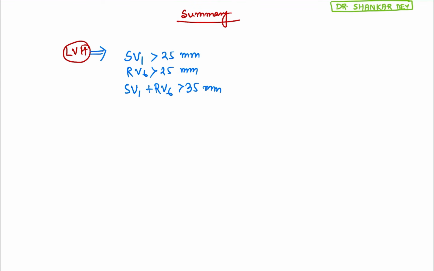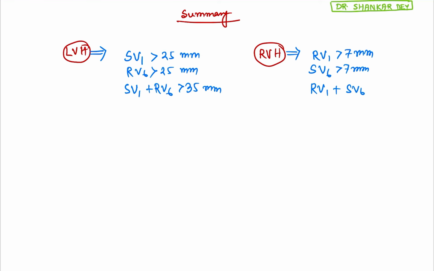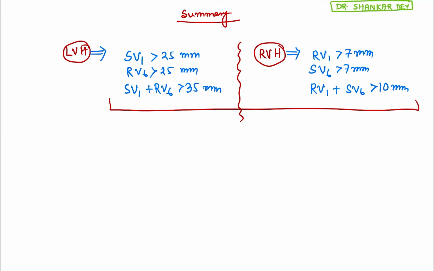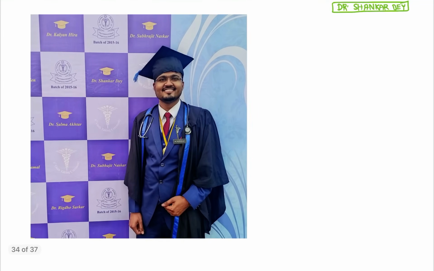What about right ventricular hypertrophy? In case of right ventricular hypertrophy, either RV1 is more than 7 millimeter, or SV6 is more than 7 millimeter, and or RV1 plus SV6 is more than 10 millimeter. So this is the summary of today's class. Just memorize these things. It will be very easy for you to determine whether there is any left ventricular hypertrophy or not.